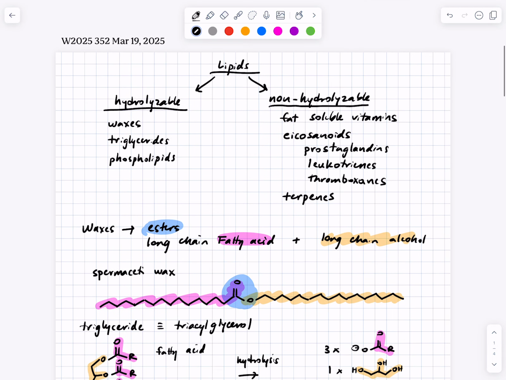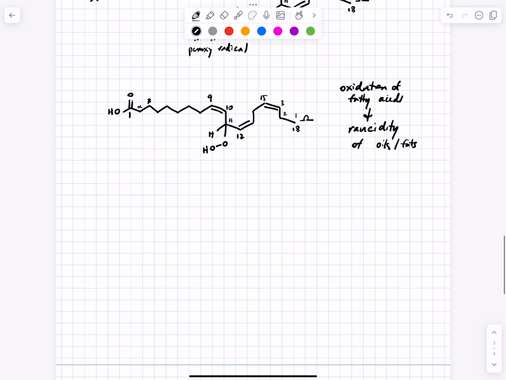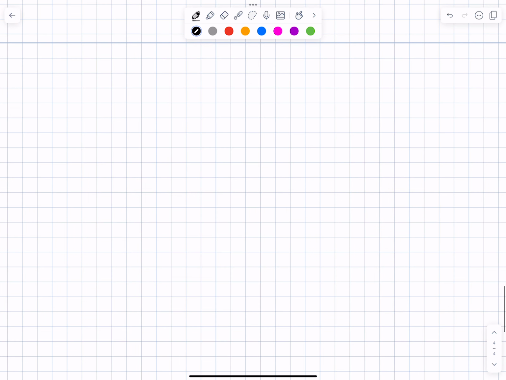So we have done waxes. We have done triglycerides. Let's talk briefly about phospholipids. This is something that I think that you've gotten before, and so we won't spend a tremendous amount of time on it. Phospholipid is derived from a triglyceride.